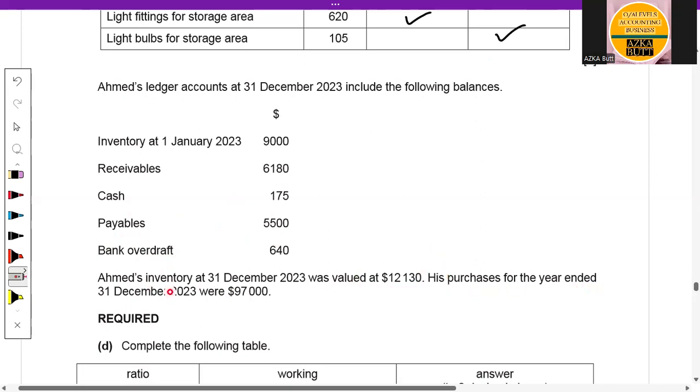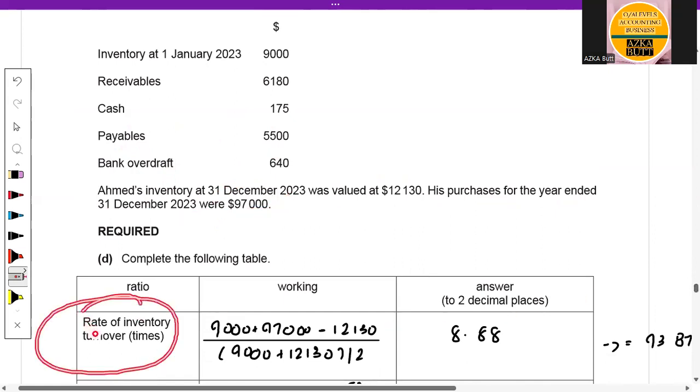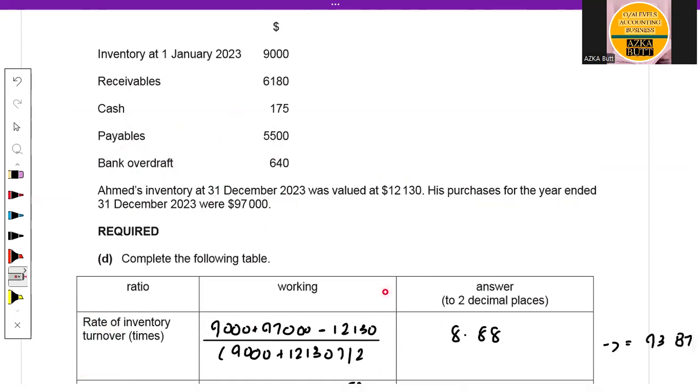His purchases for the year ended 31st December 2023 were 97,000. Okay. So first of all, we have to find out the rate of inventory turnover.